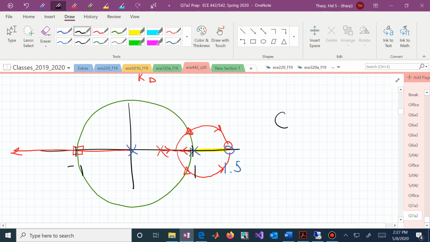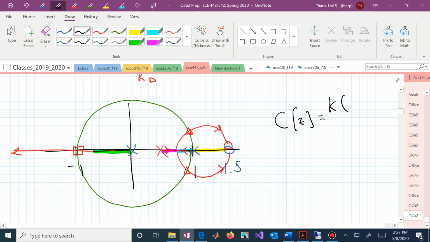For this problem, all we're looking for is confirmation that we have some range of gain that will allow all 3 of our root locus branches to be simultaneously inside the unit circle. And in this case, we can find some gains.